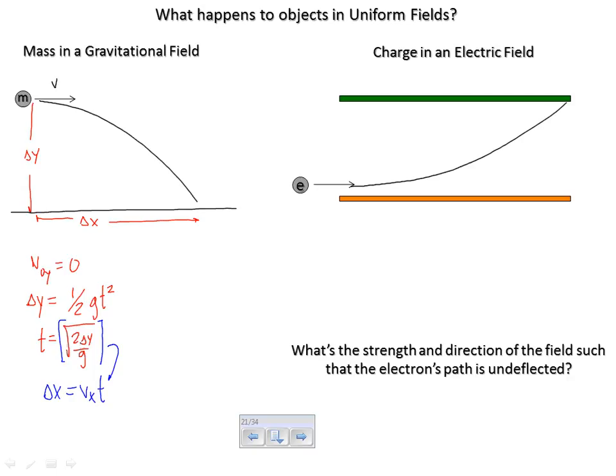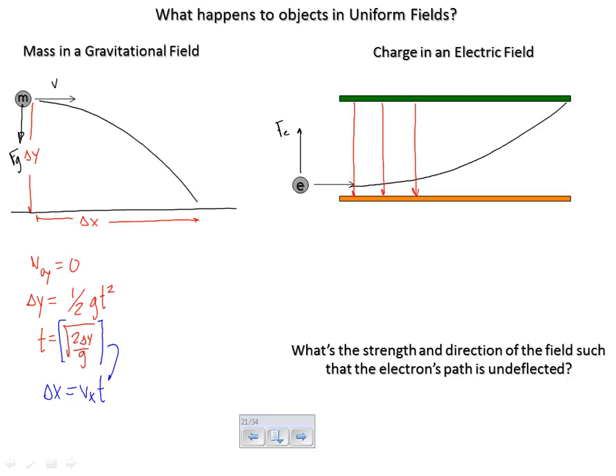Well, how can we make it do that? How do we make it so that there's a force on it, Fe, that's analogous to the force on this thing, Fg? Well, again, if we want a charge to be pushed upward, this is a negative charge, that means that the field must point downward, right?